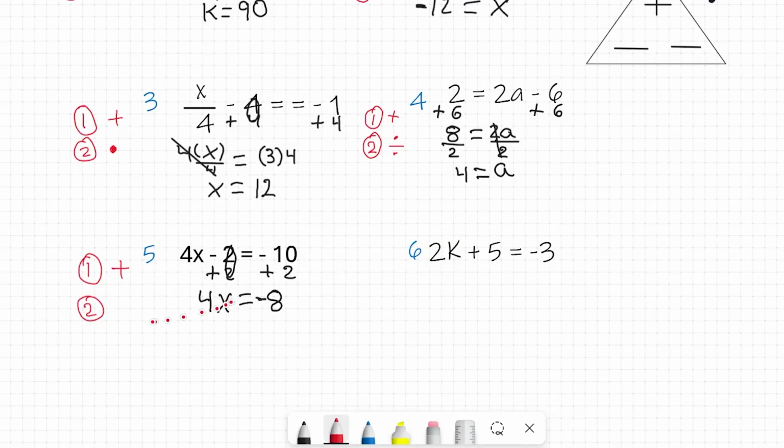The opposite of multiplying is going to be dividing. Okay, so then that means that to get rid of this 4, I'm going to be dividing by 4. 4 divided by 4, you get 1. 1 times x, so you're going to get x equals. On the other side, negative divided by a positive.